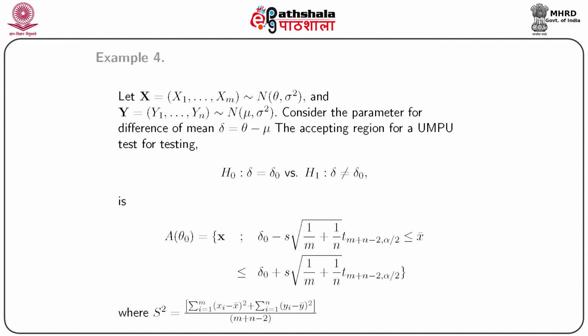This is actually the Fisher's t-test, where S square is the pooled sample variance, which is equal to summation over i from 1 to m (xi minus x bar) square plus summation over i from 1 to n (yi minus y bar) square, whole divided by m plus n minus 2.